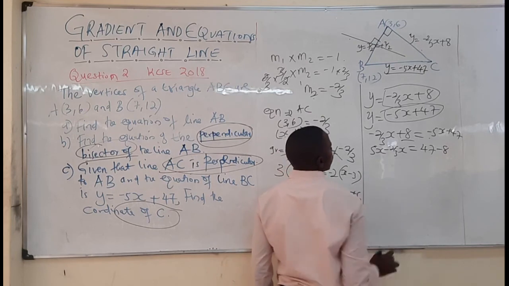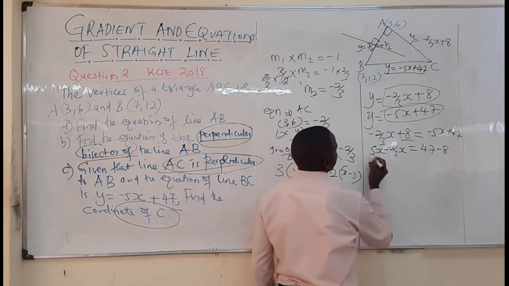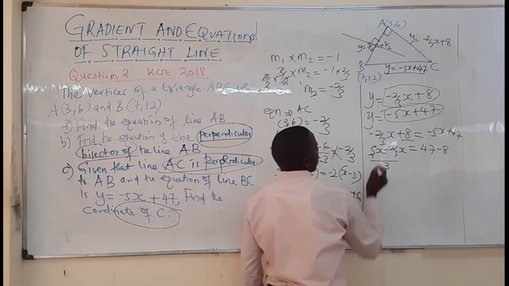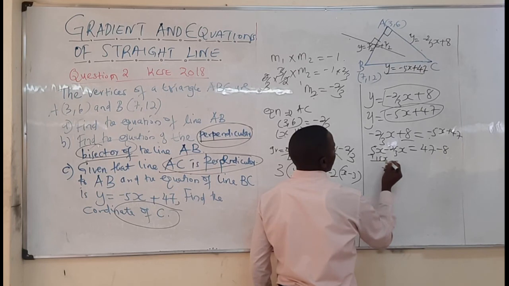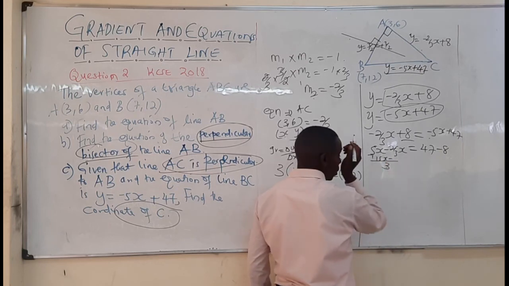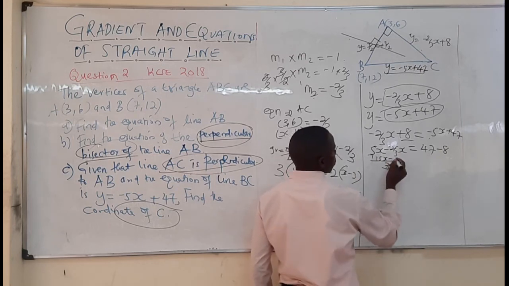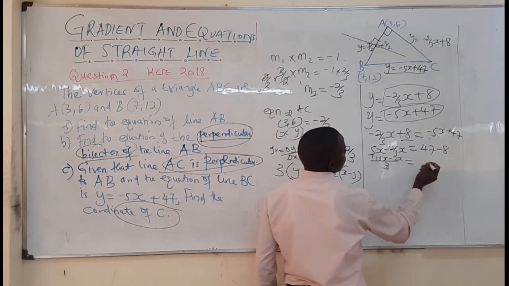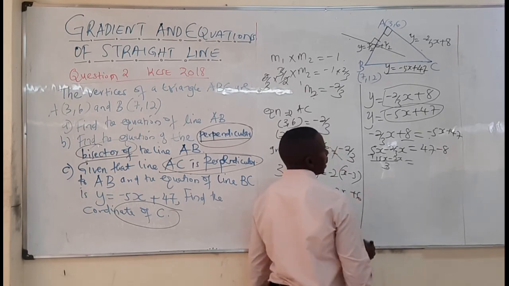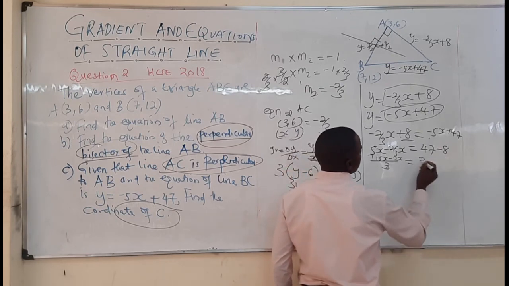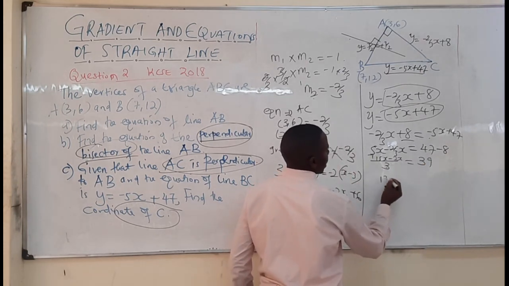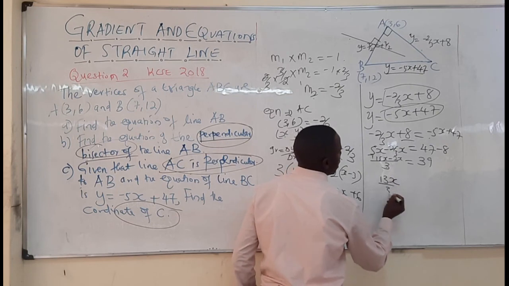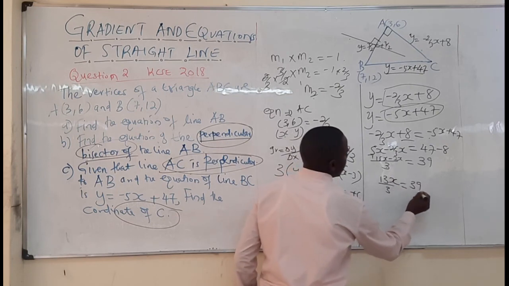So 5 minus 2 over 3, with LCM 3, gives 15x minus 2x over 3 is equal to 47 minus 8, that is 39. So you have 13x over 3 is equal to 39.